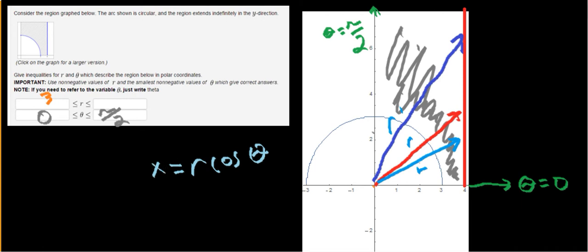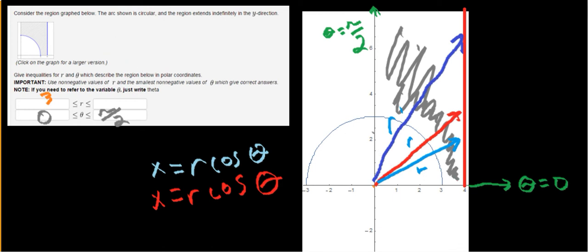All right, what's red's x value? Well, the red line's x value is x equals r cosine theta. And what must be true about both of these? Both of these have to equal 4. X has to equal 4 in order for our line to come all the way up to, but not past, the x equals 4 line.